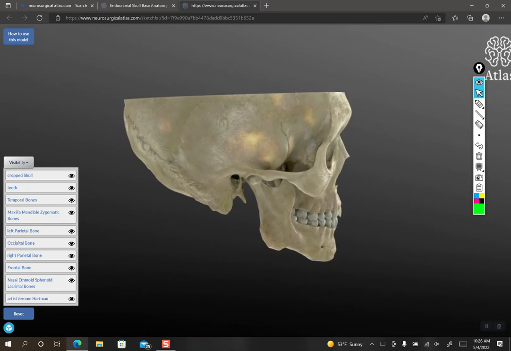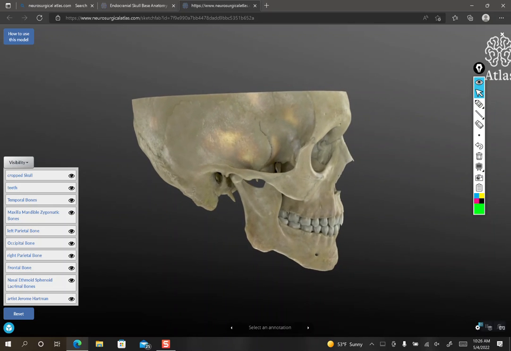And we'll just look at some features of the side. So here we can see a better view of the temporal bone. And zygomatic bone.